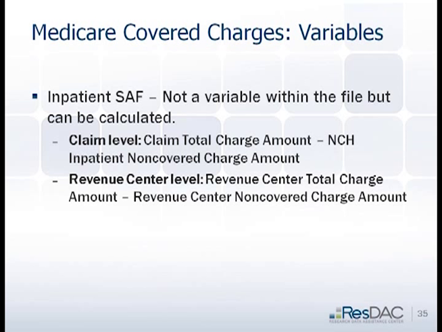In the inpatient SAF, there is a claim total charge amount, and also an NCH inpatient non-covered charge amount. At the revenue center level, you have a revenue center total charge amount and a non-covered charge amount. So you can see if Medicare actually covered all the services on the bill. Oftentimes you'll find non-covered charges because a person has exceeded the length of stay, or the hospital is billing for something that Medicare doesn't cover.